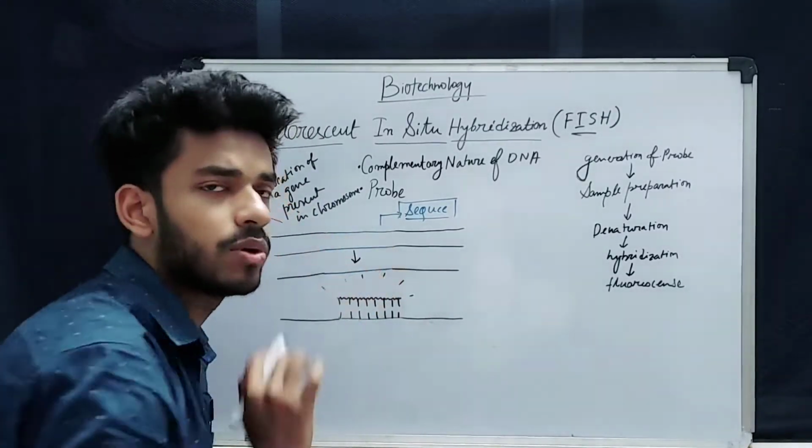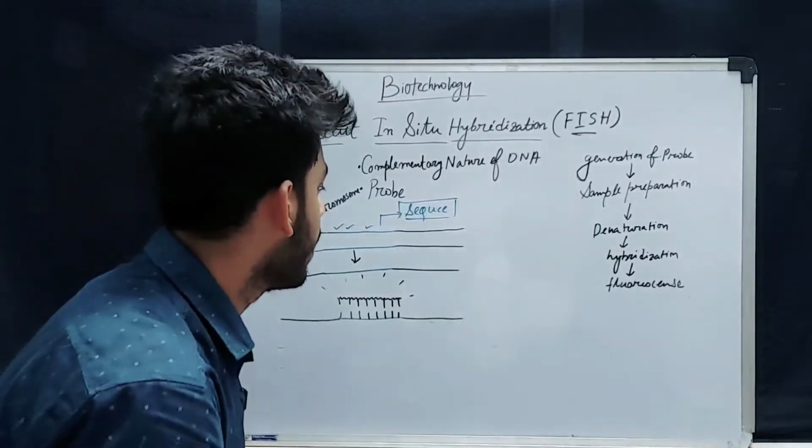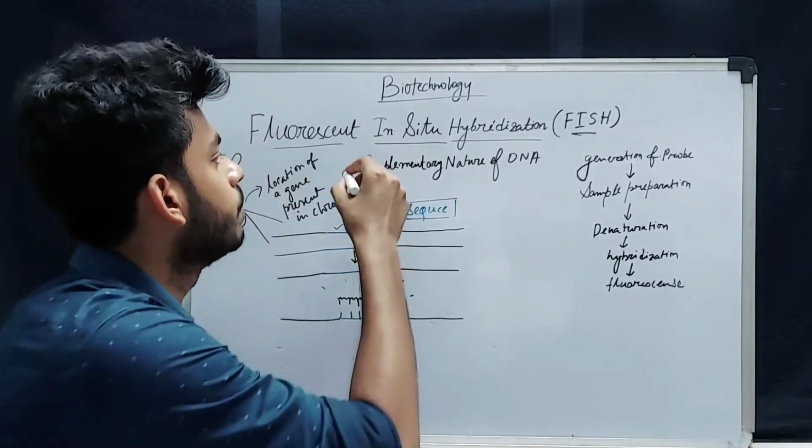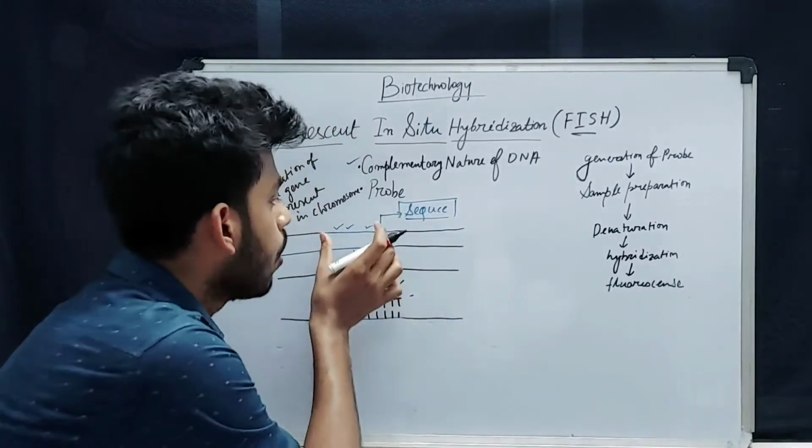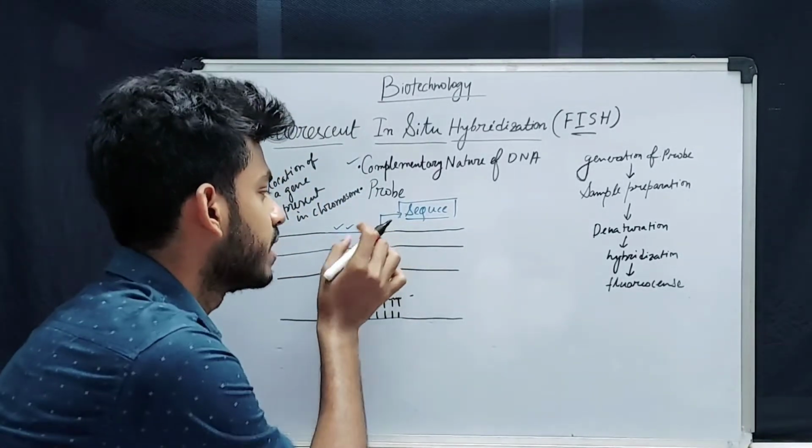Or just for this video, let us assume that we know the sequence of the DNA, and you already know the complementary nature of the DNA. So you develop the complementary strand of this strand.